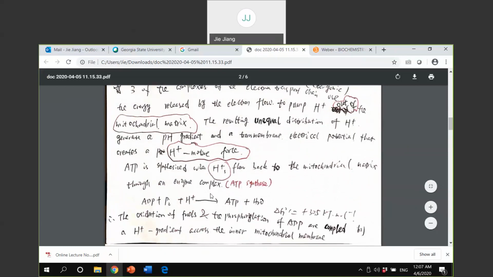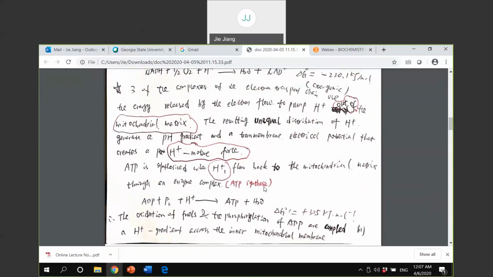ATP synthesis occurs with the hydrogen ions flowing back into the mitochondria. ATP is synthesized from ADP and catalyzed by an enzyme complex, which is ATP synthase. Here is the reaction.